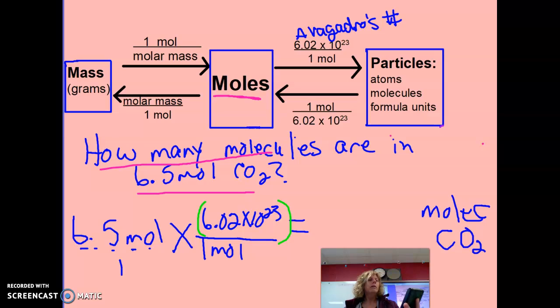But anyway, it expresses my answer as 3.913, and then there's a capital letter E, and then 24. So 3.913 E24. What that means is 3.913 times 10 to the exponent of 24. So you have to know how to use your calculator.